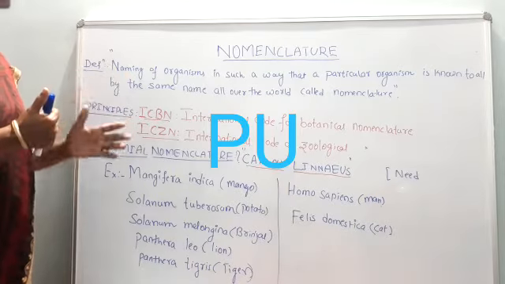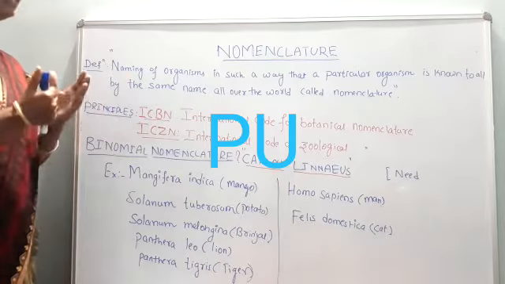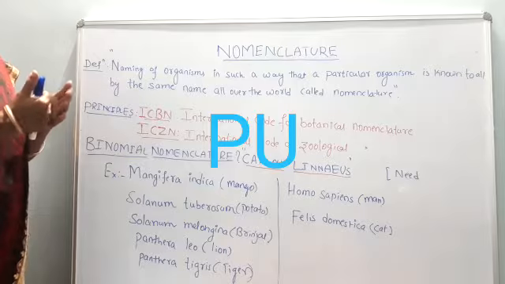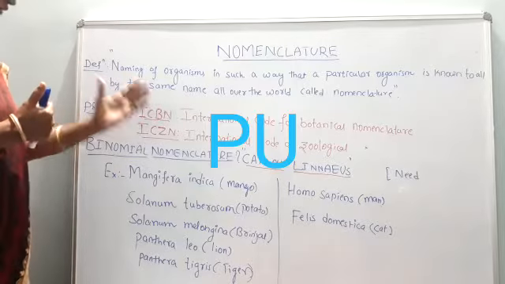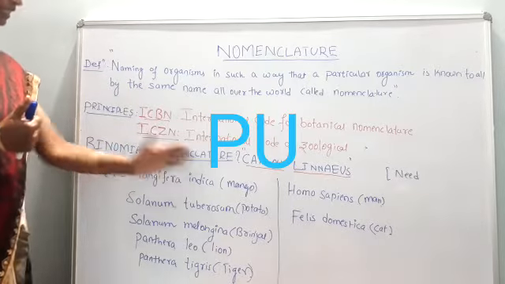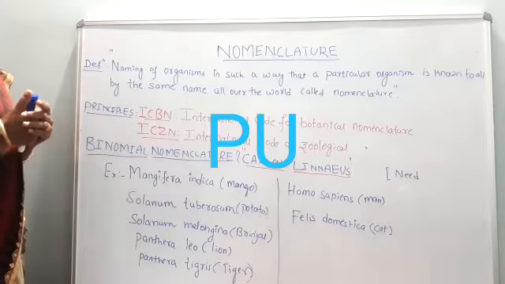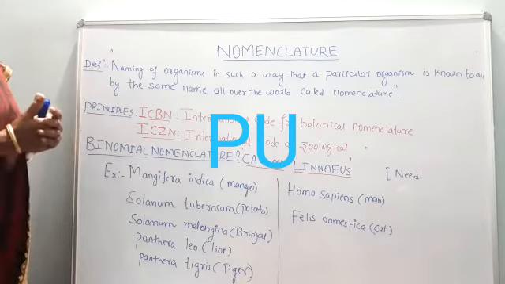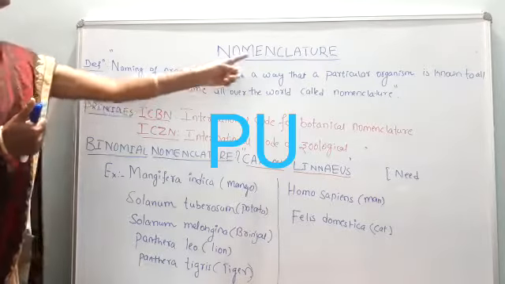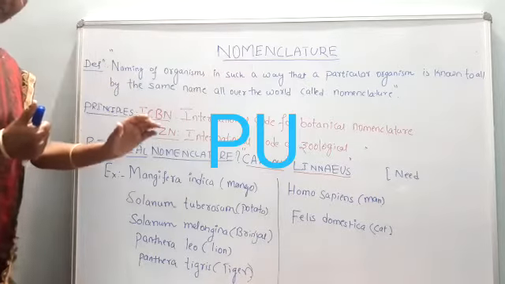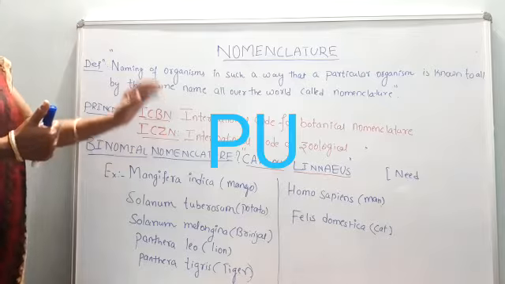Hence, to avoid that confusion, scientists established a scientific method, which we will discuss under the next topic. That naming is known as nomenclature. I will read the definition carefully and you follow.